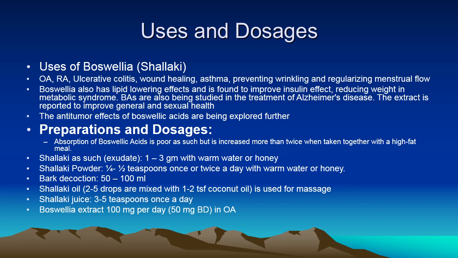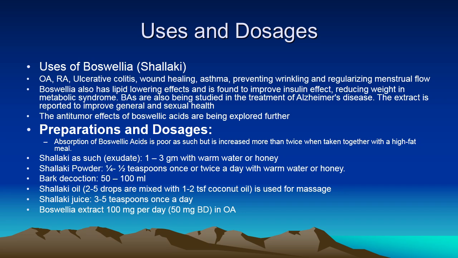It is being studied to improve cognition in Alzheimer's disease, and it is considered to be improving general and sexual health in individuals. Anti-tumor effect of boswellic acid is being explored extensively at present.